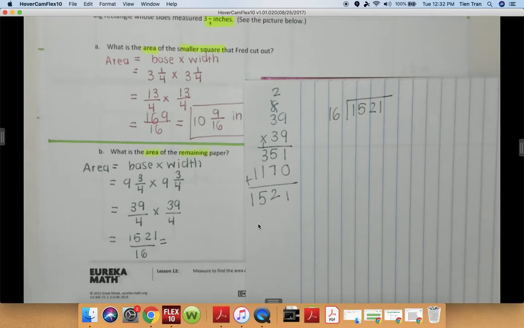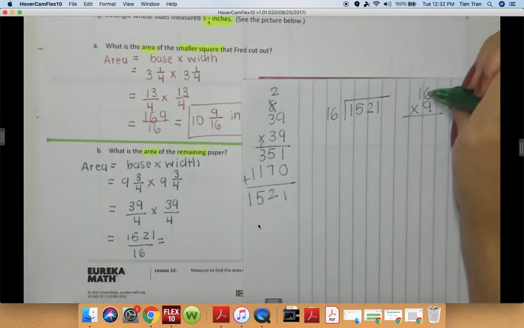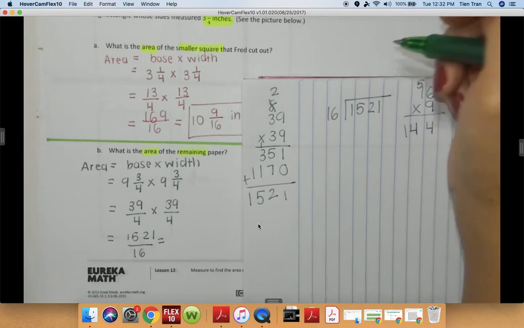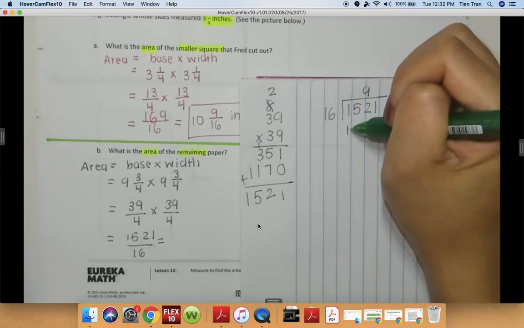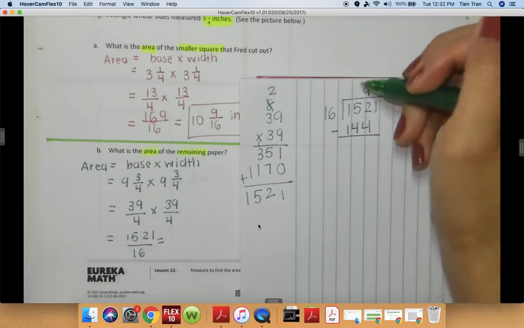I'm thinking about maybe 9 times, looking at the number and kind of estimating. So 16 times 9. 6 times 9 is equal to 54. 9 times 1 is 9, plus 5 is 14, so 144. So I'm going to put 9, and that's the highest I can go. So I can't put 10 there.